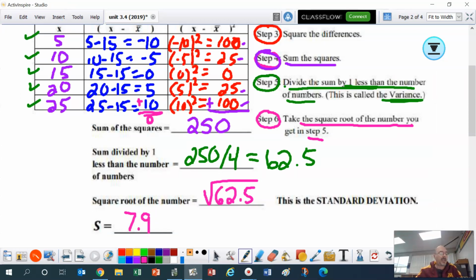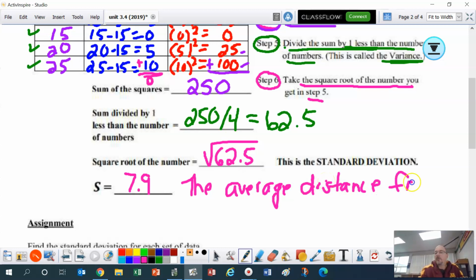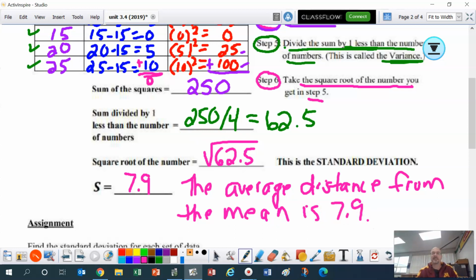So what that is saying, ladies and gentlemen, is that the average distance from the mean is 7.9. That's the average distance. Think about it.